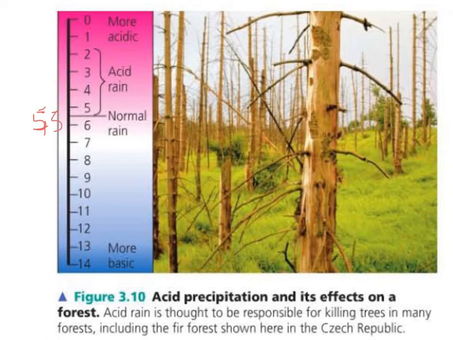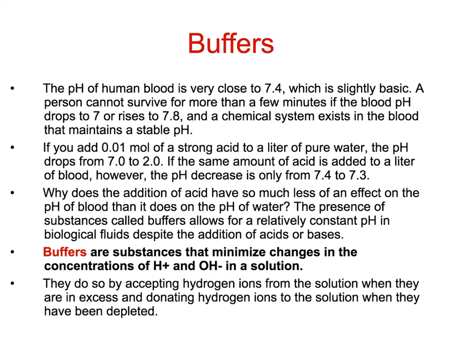But if the pH value of the rain decreases because of air pollution, it can decrease to 2, then the environment, mostly the plants, die because of this acid value. It kills the trees. What is a buffer?